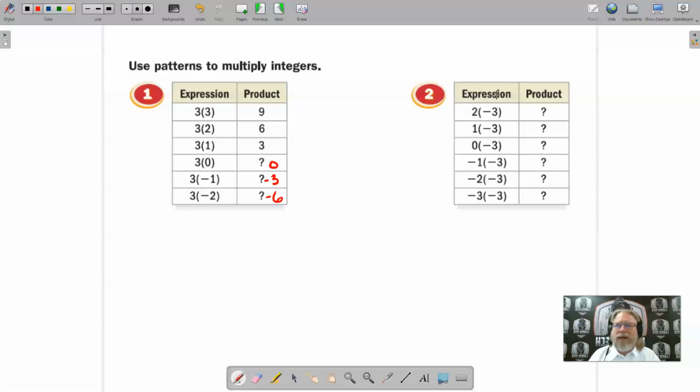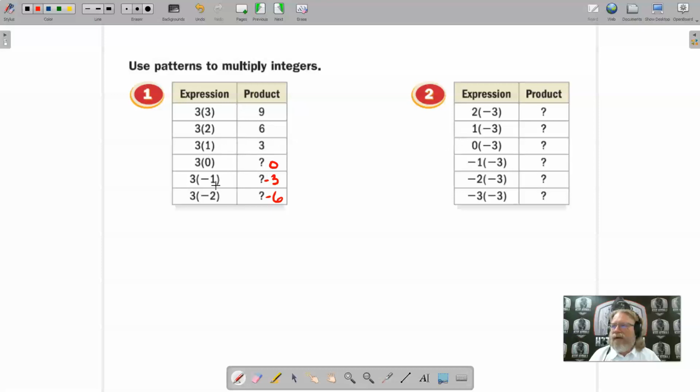Here we have an expression to where the second factor is -3, and the first factor, we're counting down once again. 2, 1, 0, -1, -2, -3. So we have over here, let's see, can we look at, no, we don't have any of the same ones over here.